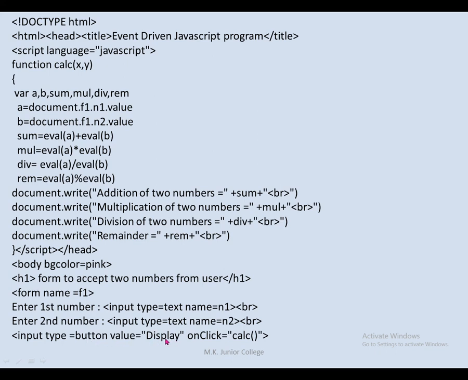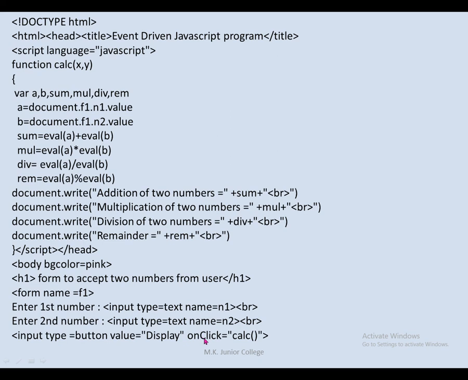So value you are saying display. Maybe you can say display, click here to display the result, whatever text you want on the button. Then you are using the onclick event. How do you have to write it? C must be in capital.